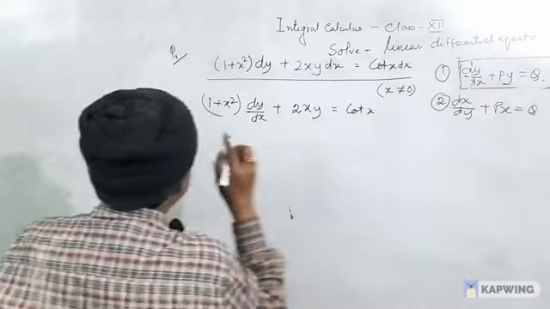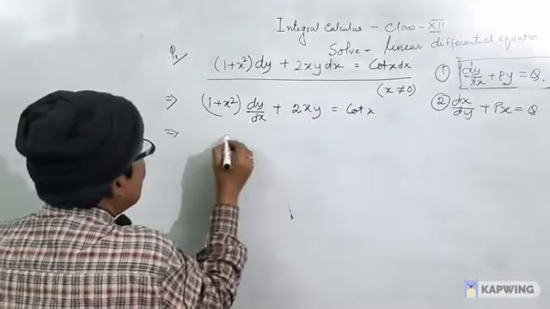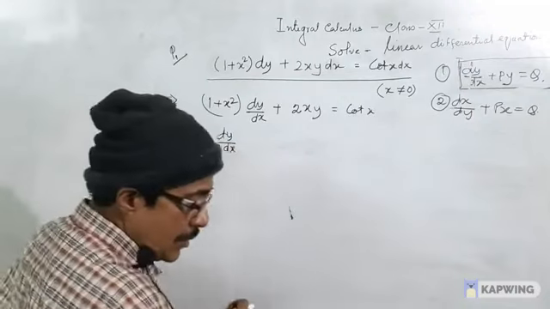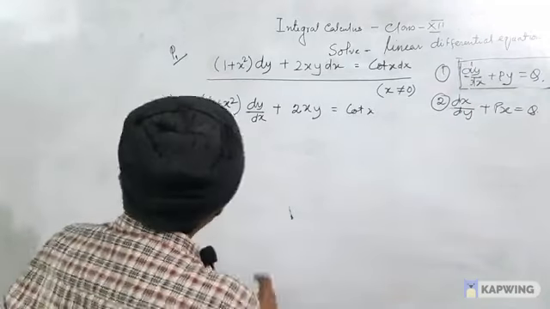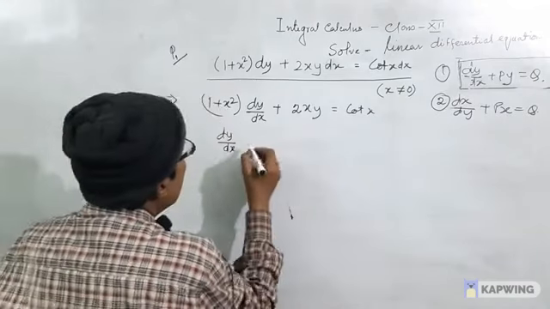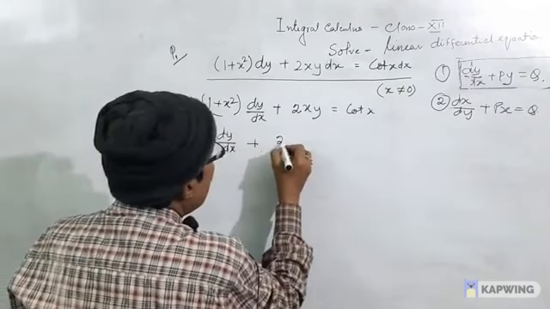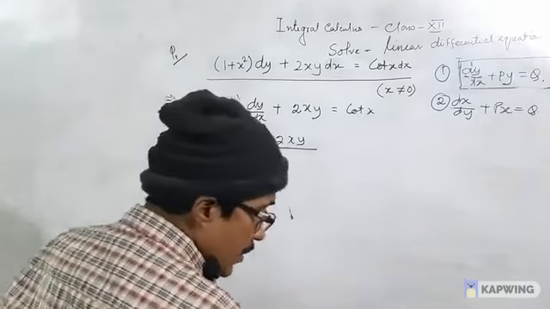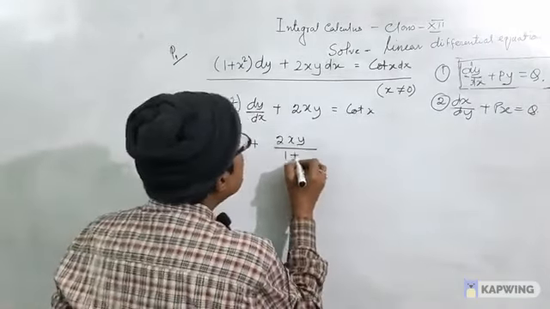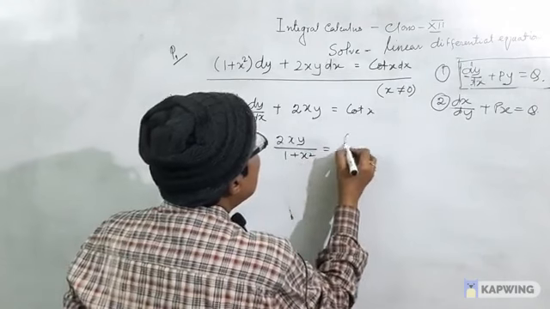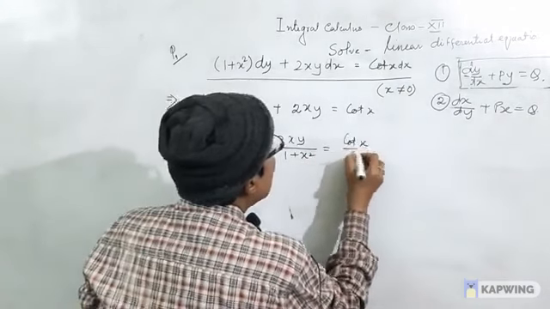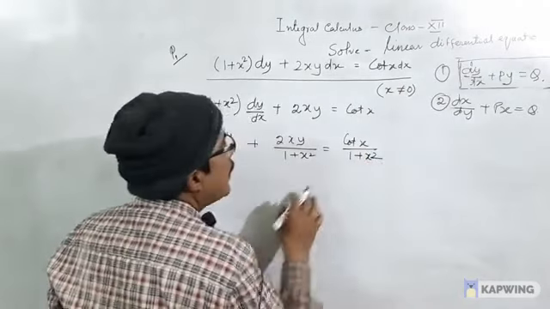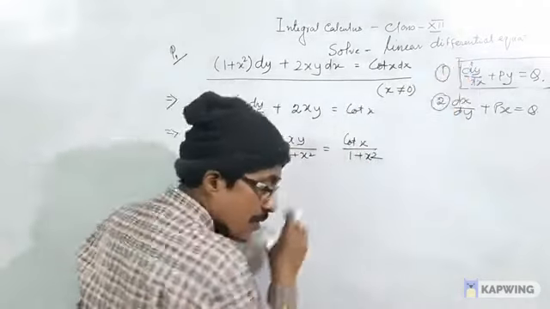Thereafter, dy by dx, if it is divided by this, we will get dy by dx plus 2xy by 1 plus x square equal to cot x by 1 plus x square. Now you are getting this form.